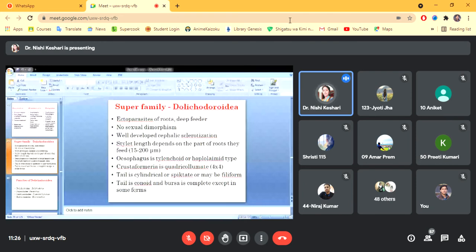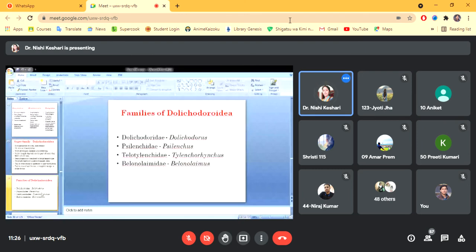Now the families of Dolichodoroidea. Is the slide visible? Yes, ma'am. So in this superfamily, four families are there: Dolichodoridae, Belonolaimidae, Telotylenchidae, and Tylenchorhynchidae. And each has one genus of importance: Dolichodorus, Belonolaimus, Tylenchorhynchus, and others.